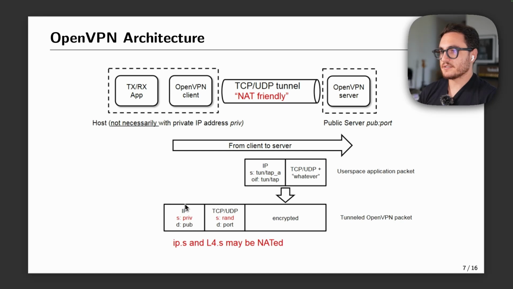We are basically attaching the IP and the UDP header, as we talked about, to an encrypted IP and or TCP, UDP, whatever packet that we are encrypting and putting inside here. So this is why it's called a tunnel.